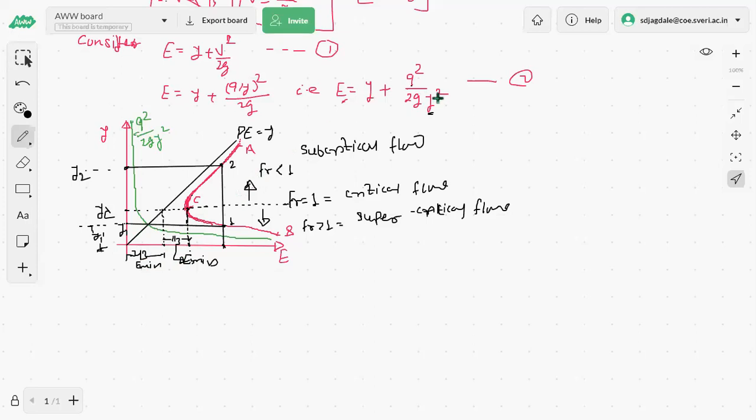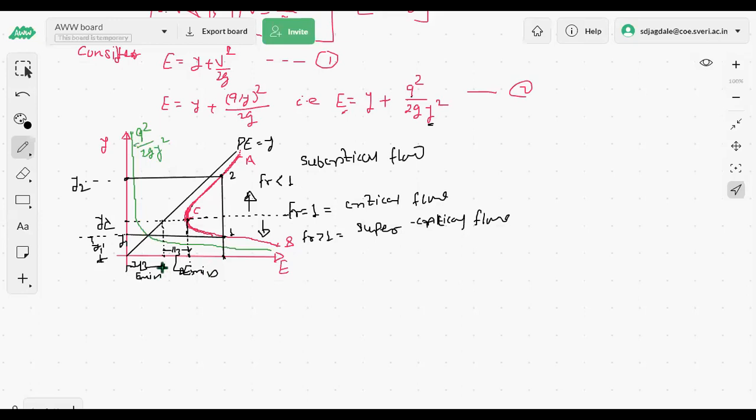The two depths I was talking about for the same specific energy E are alternate depths. These are the two depths for passing the same discharge Q, and they are called y1 and y2.